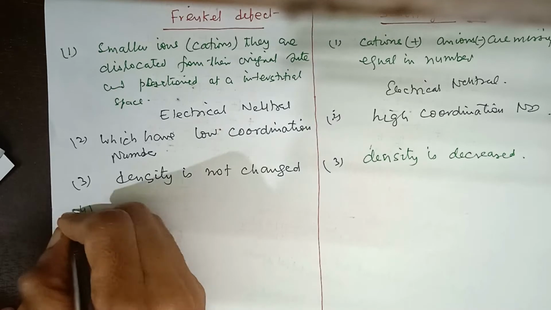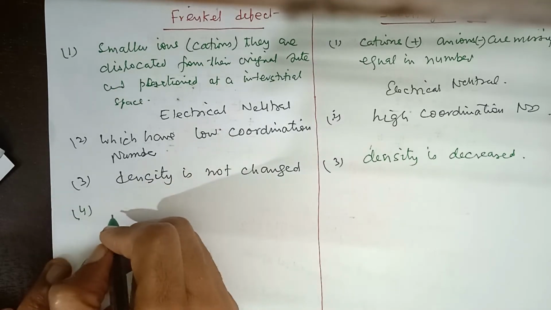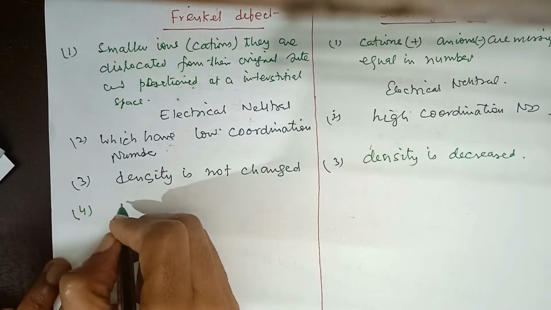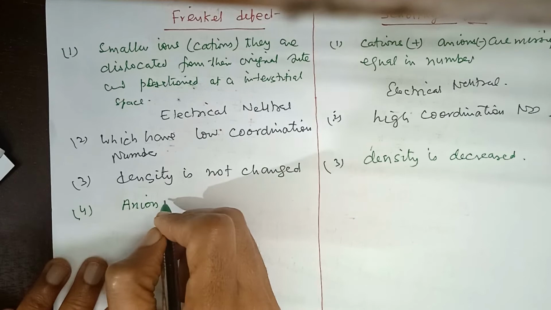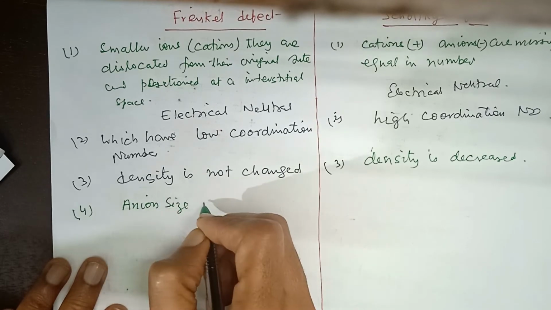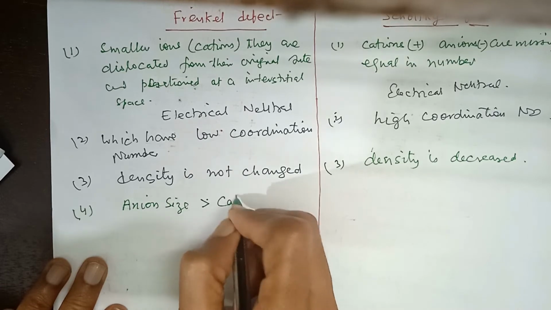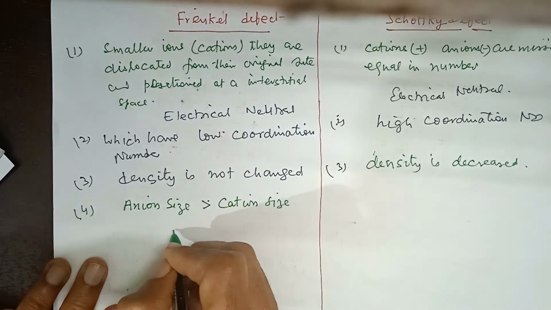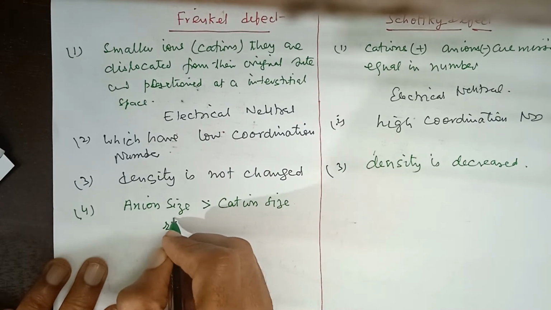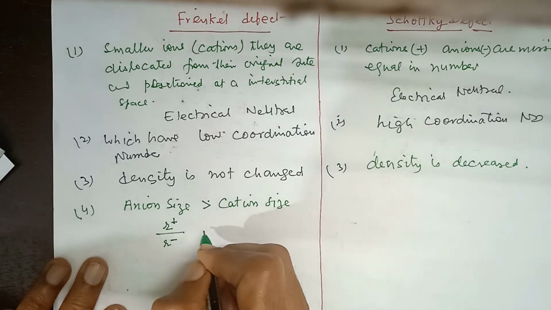Now the fourth point is, Frenkel defect takes place when the anion size is higher than the cation size, meaning the radius of cation is low.